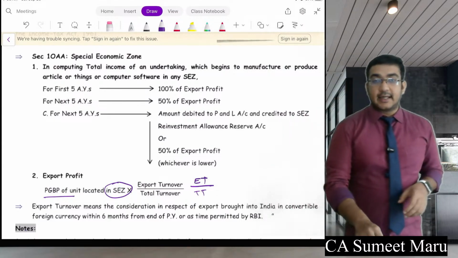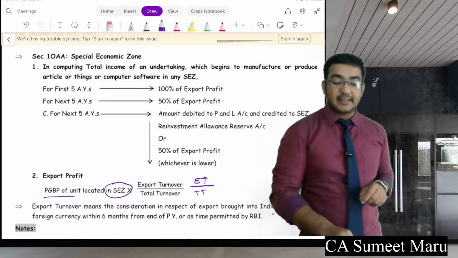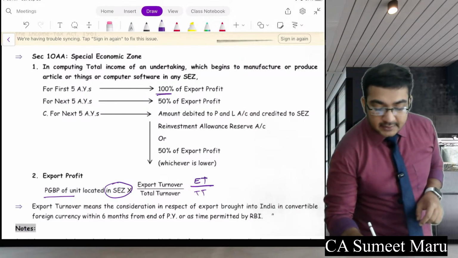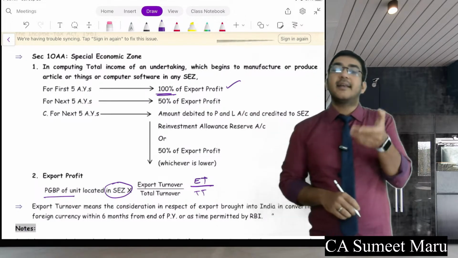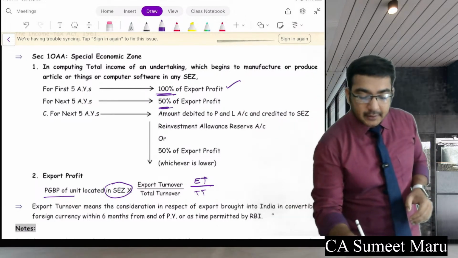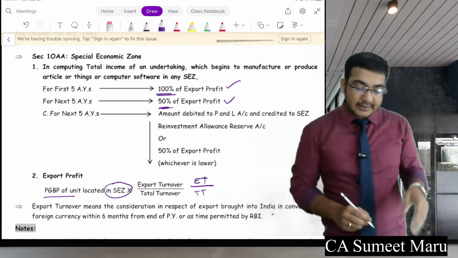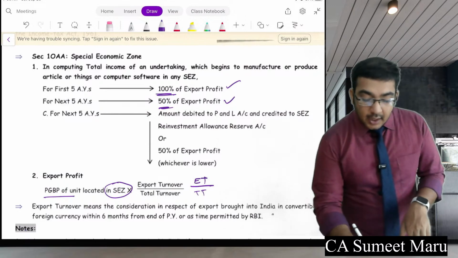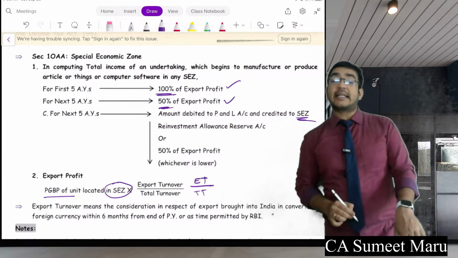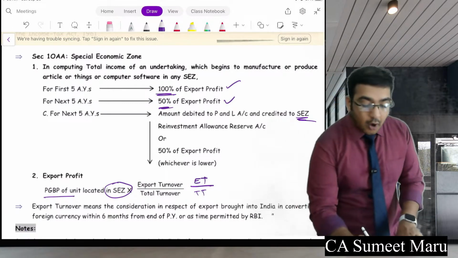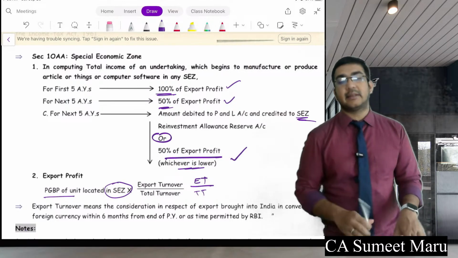whatever income is there for the first 5 years after coming into operation in SEZ is 100% exempt. For the next 5 years it is 50% exempt. For the next 5 years, it is the amount you have credited to your SEZ reinvestment allowance reserve, or 50% of export profit, whichever is lower, is exempt.